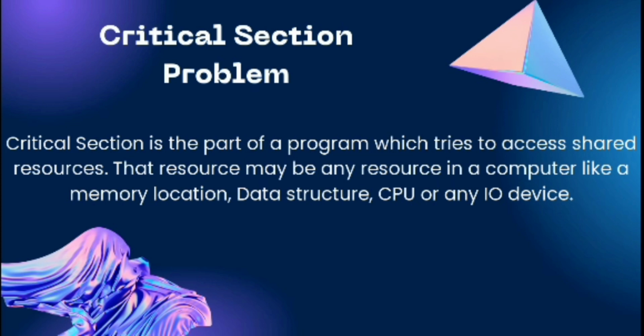The critical section cannot be executed by more than one process at the same time. Operating system faces difficulties in allowing and disallowing the processes from entering the critical section. The critical section problem is used to design a set of protocols which can ensure the race condition among the processes will never arise. So, to solve this critical section problem, semaphores are used.